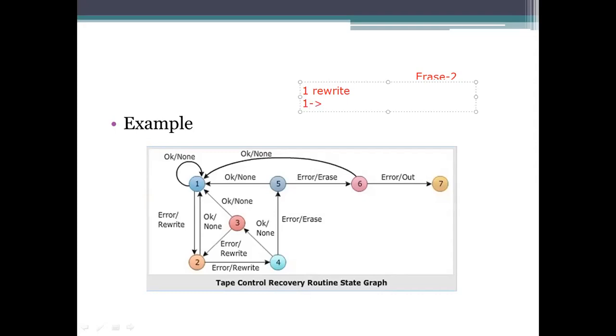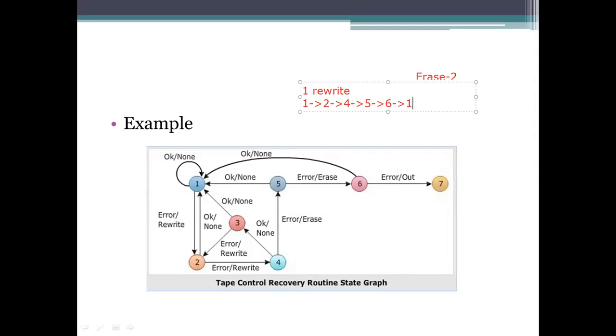1 to 2, 2 to 3, 2 to 4, and then 4 to 5, which uses one rewrite and 2 erasures. 2 erasures means we should reach 5 to 6.